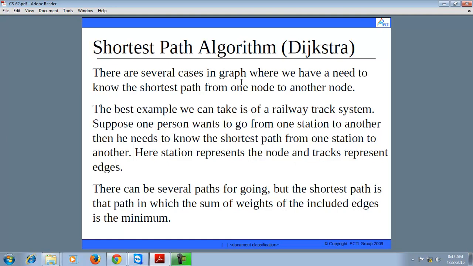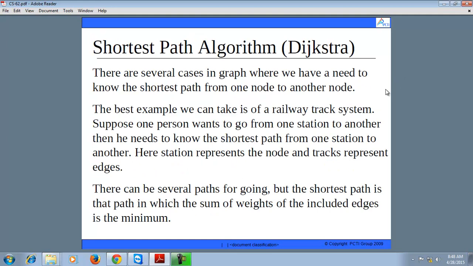Suppose one person wants to go from one station to another station, then he needs to know the shortest path from one particular station to another, and here the stations represent the nodes and the tracks represent the edges. There can be several paths for going, but the shortest path is the path in which the sum of weights of all the edges included in that path is the minimum.